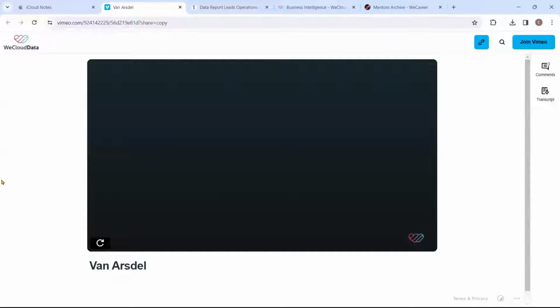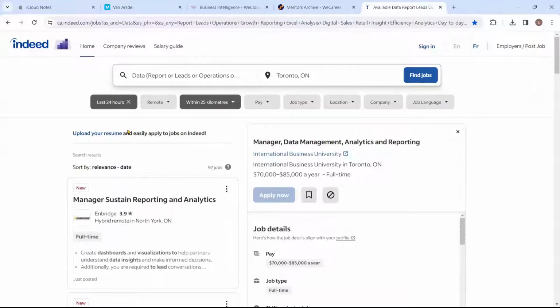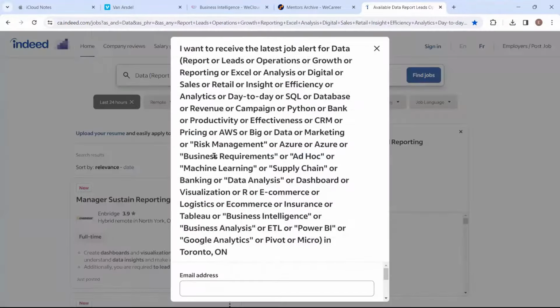So I'm going to touch upon OpenAI a little after, but I will always start with the job market. So I'm going to Indeed. I use the same search criteria, as you can see. It's a little complicated. Basically, this is how you read it. I created this Boolean search so it will return any job that includes the keyword data, and then one of these keywords.